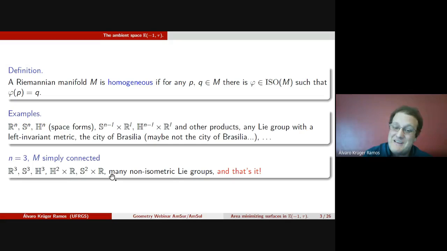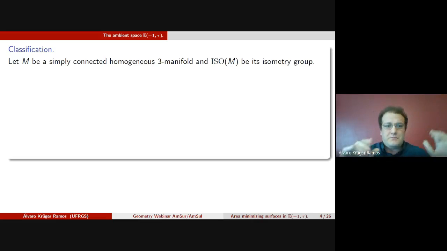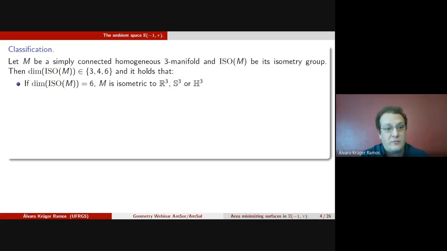Of course, this many non-isometric Lie groups is a lot of homogeneous manifolds, but there is some kind of classification, and I want to present this classification now. So if you have a simply connected homogeneous 3-manifold M and you have the isometry group Iso(M), then there are 3 possibilities for this isometry group. It either has dimension 3, dimension 4, or dimension 6, and the classification goes according to the dimension of this isometry group.